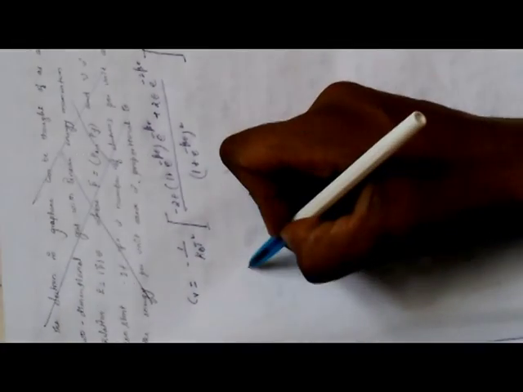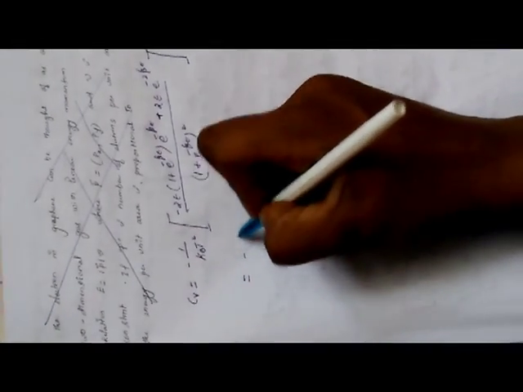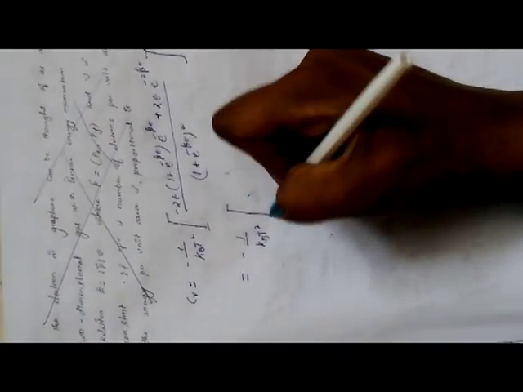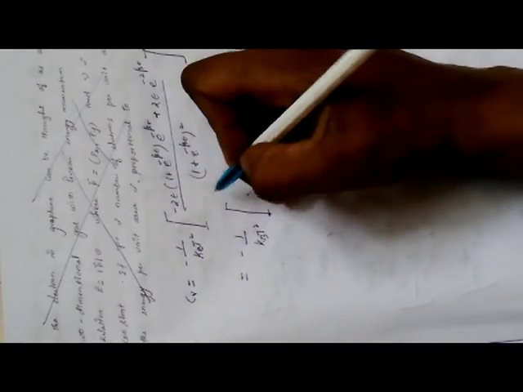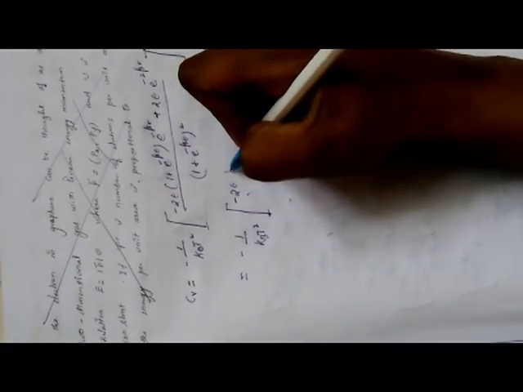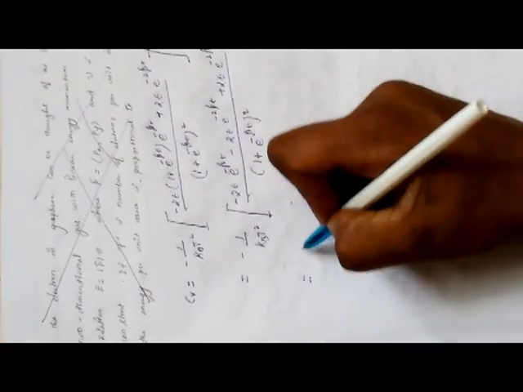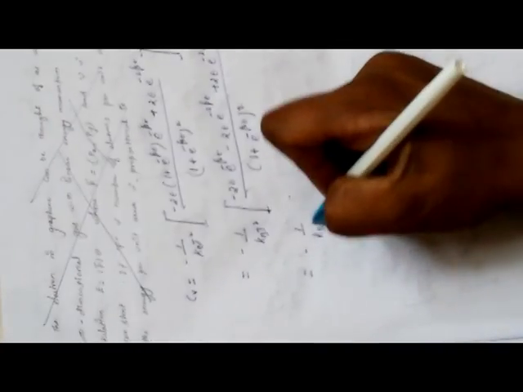So this should be equal to minus 1 by kB T square, multiply inside the first term: minus 2ε e to the power minus βε minus 2ε e to the power minus 2βε plus 2ε e to the power minus 2βε, divided by 1 plus e to the power minus βε whole square.